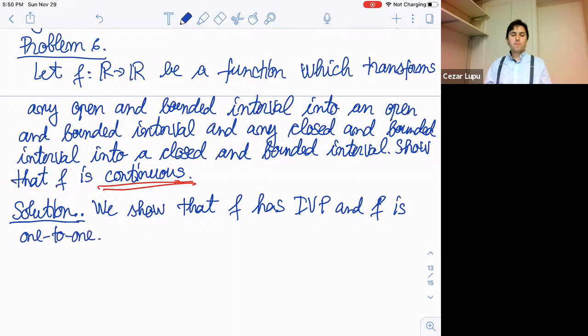By virtue of a theorem, I don't remember which one, we know that intermediate value property plus injectivity will imply continuity of the function, right? We said this. Okay.